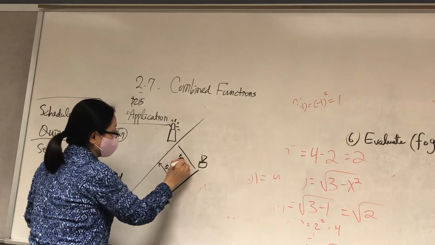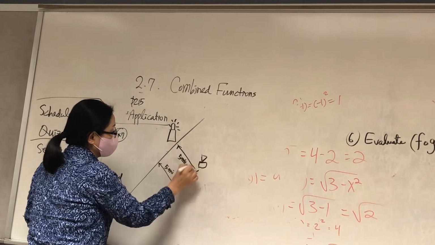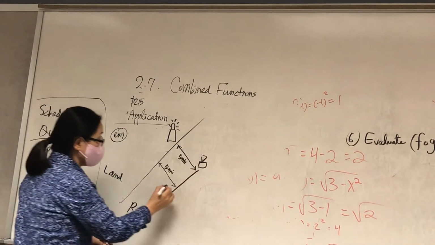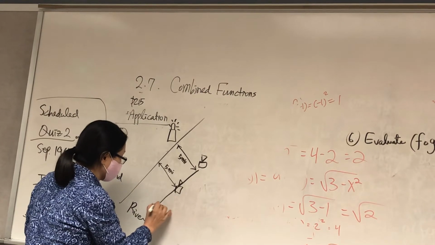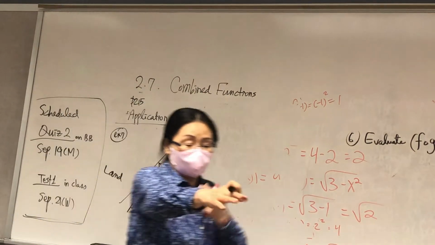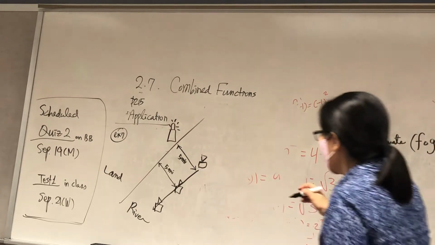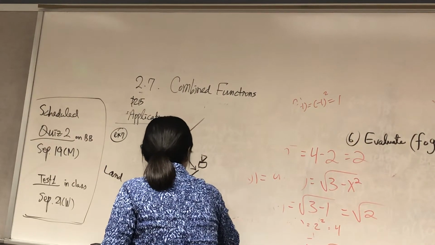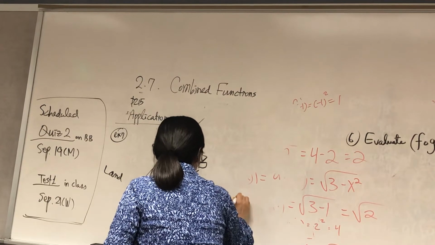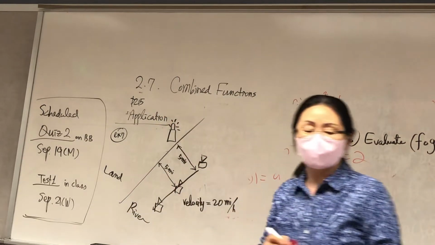This is 5 miles too. Now your ship is moving this way, and this velocity is 20 miles per hour. Am I right? Yeah, now read more.